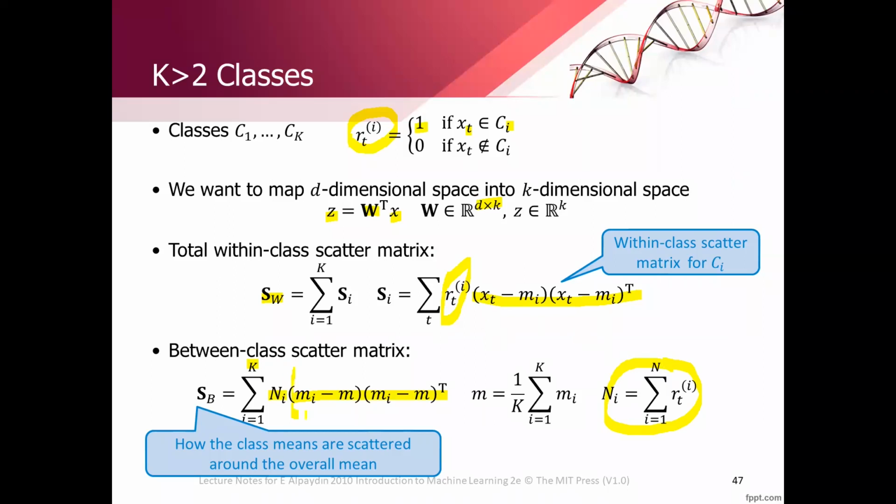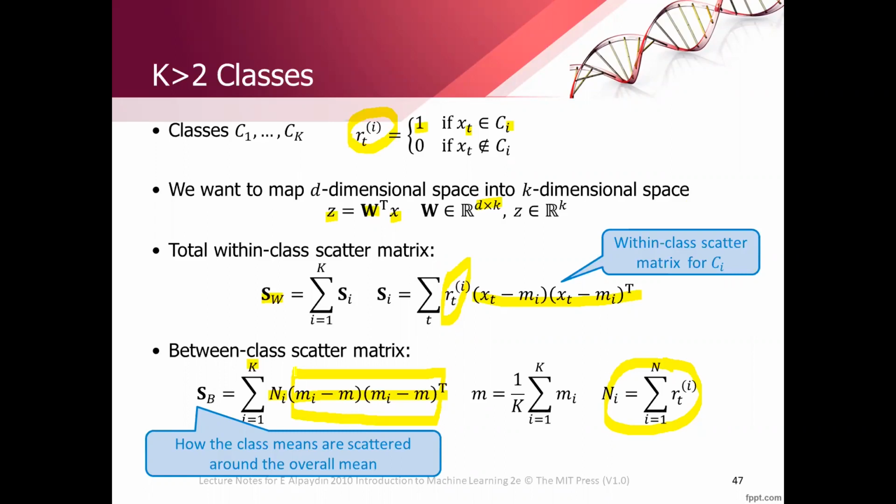It's easy to interpret this formula. This part corresponds to variance, and N sub i corresponds to the number of observations. Because if we have several classes, and one class is very small and the second class is very big, so it has many observations, then for the importance of the scatter, the variance, this class is more important than this one.